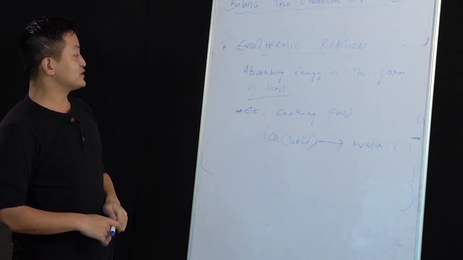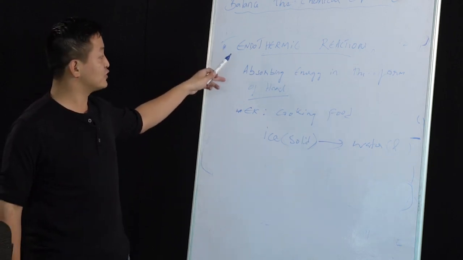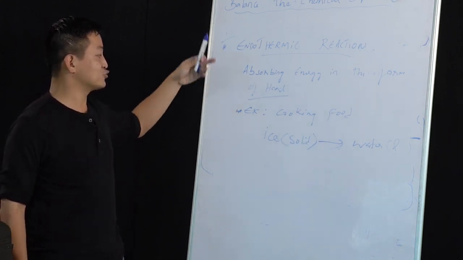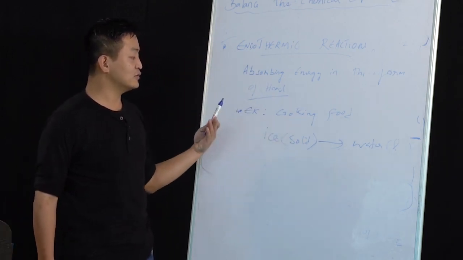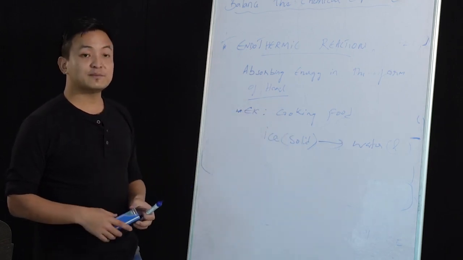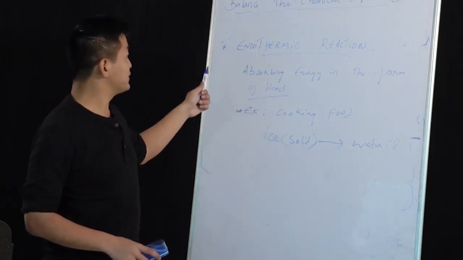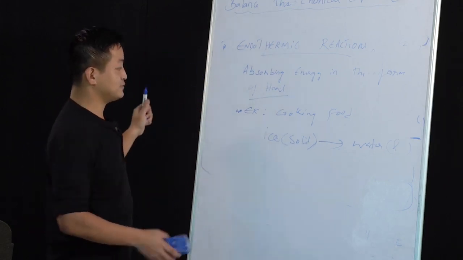So, students, please note this one, the definition for endothermic and the common example to let you understand: cooking food or conversion of solid to liquid. Clear? So, I'll give you an example of a chemical reaction for this endothermic, but before that, please note this one down.